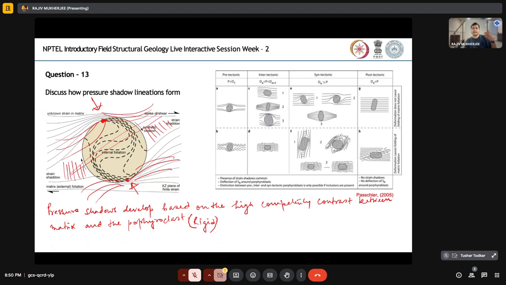So in case of post-tectonic porphyroblast, we would not expect any strain shadows or pressure shadows, therefore there can be no formation of the pressure shadow lineations. But in case of pre-tectonic, intertectonic and syntectonic porphyroblast, there can be existence of pressure shadow or strain shadow that can lead to pressure shadow lineation formations.